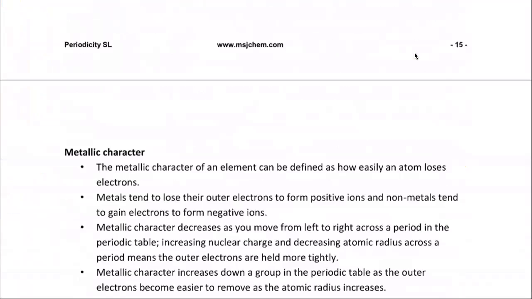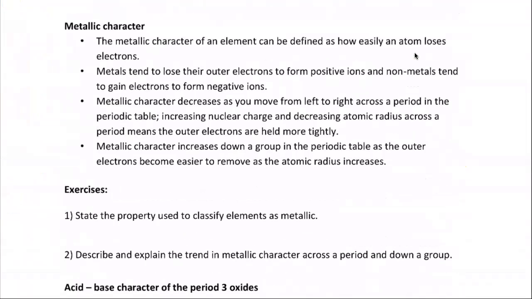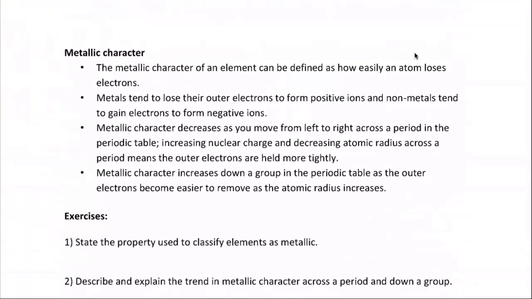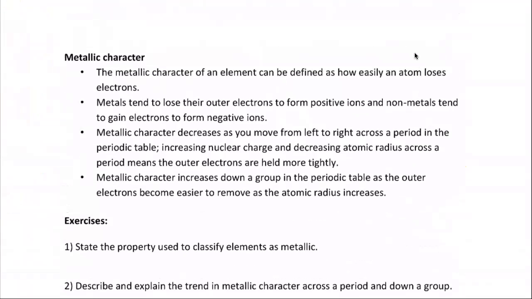Now, metallic character. Metallic character is how much like a metal something is. In chemistry, we can describe metals as being shiny, they reflect light, they conduct electricity. Those are all properties of metals.